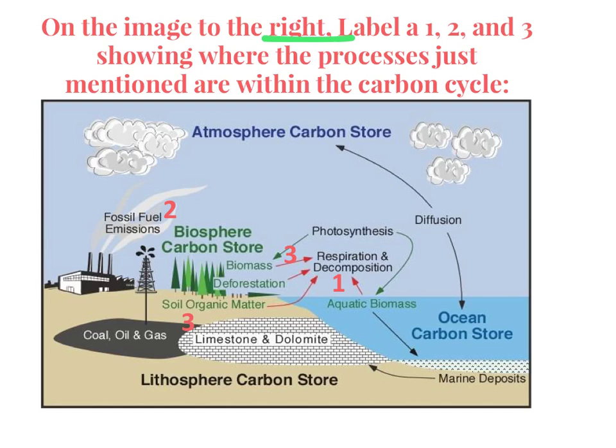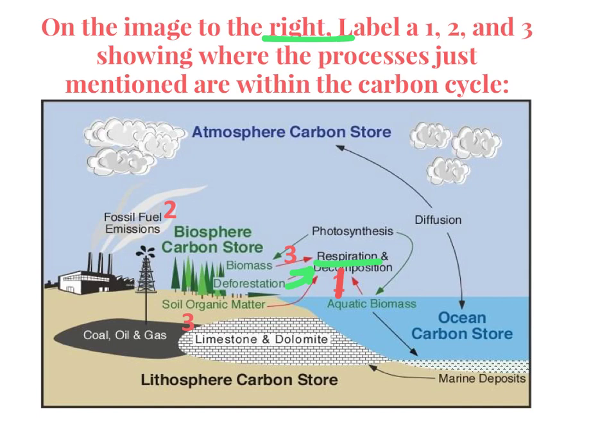So you have this picture there on the right hand side. We want to label some of those processes just mentioned on this diagram, and a lot of them are listed here already. We can see respiration listed. That's when we have the CO2 going from the plants to the atmosphere, so we put a little 1 in that spot.